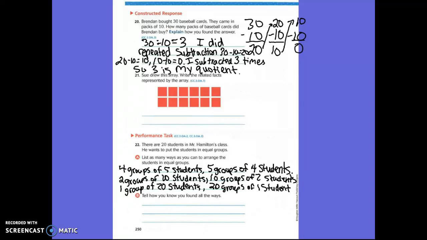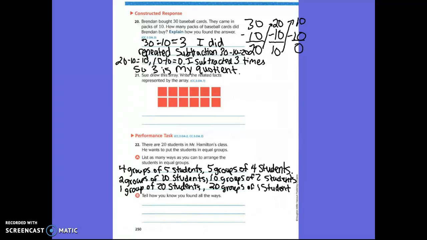Tell how you know you found all the ways. What did you use? You told me. Edmund just said it a minute ago. Division? Yeah, kind of multiplication. Okay? Or you could have used counters and put them in different groups.